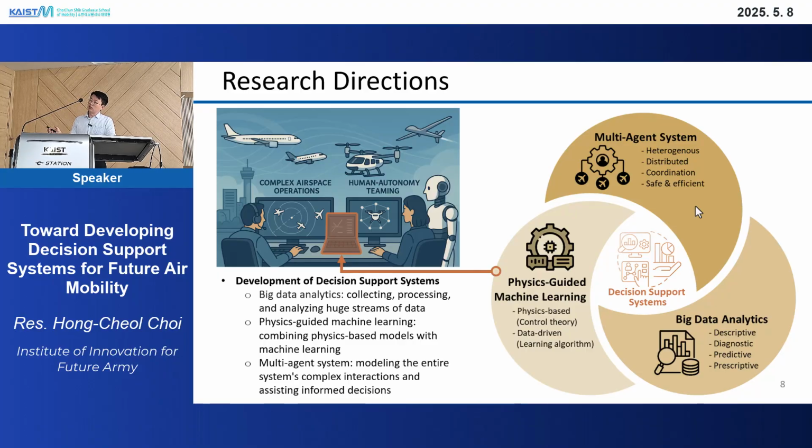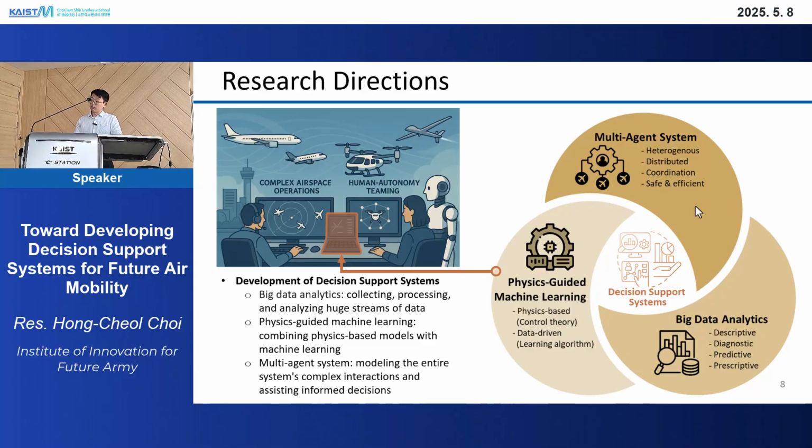Physics-guided machine learning tries to properly incorporate both methods to leverage the strengths of each, and then we move on to the multi-agent system to model the entire complex system and the interactions between multi-agent aircraft and other things.